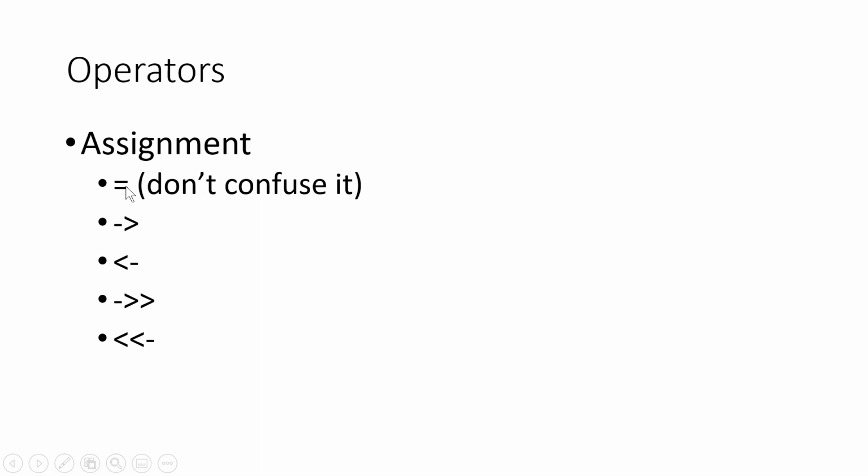But in programming, this actually means assign. Now, for that confusion, the next to this, which is the minus and greater than and the minus and less than, are actually often used in R. As a matter of fact, this is more popular. The greater than minus is more popular in R than this assignment operator.